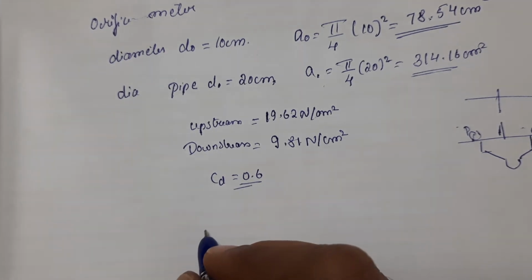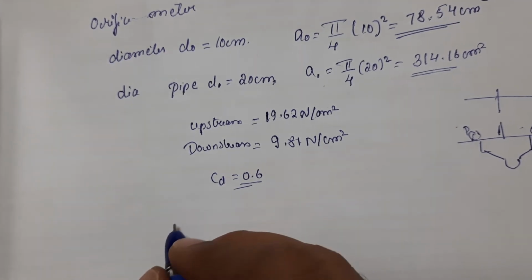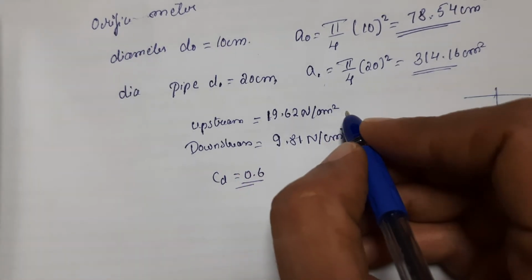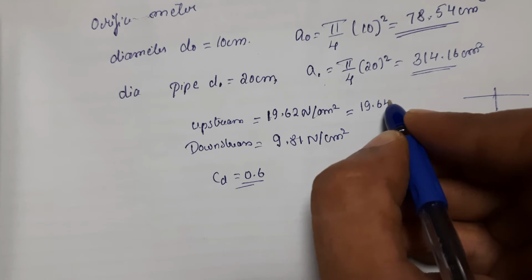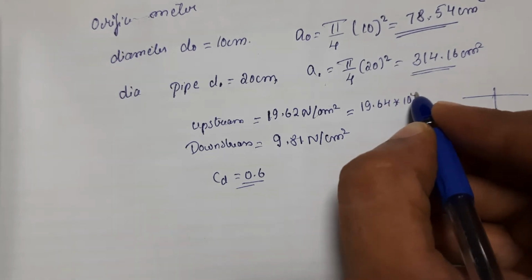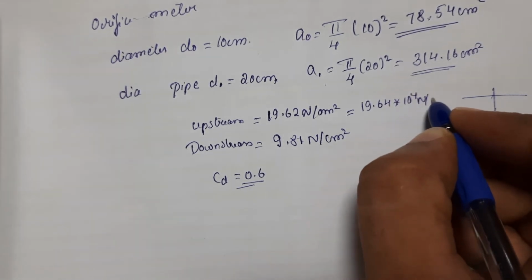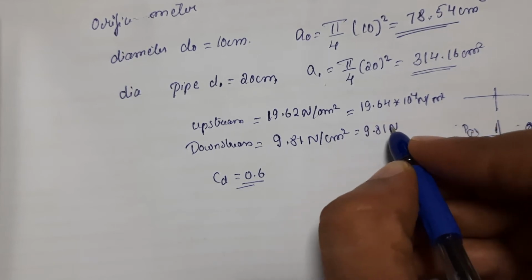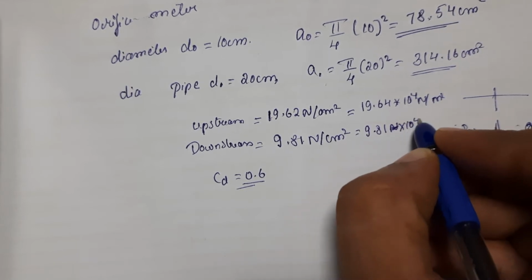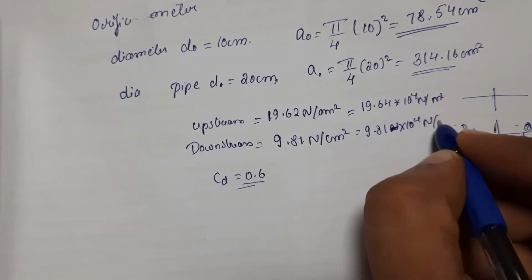Okay, now let us find the pressure head. To find the pressure head, convert these things into Newton per meter square. So it will be 19.62 into 10 to the power of 4 Newton per meter square, and this will be again 9.81 into 10 to the power of 4 Newton per meter square.